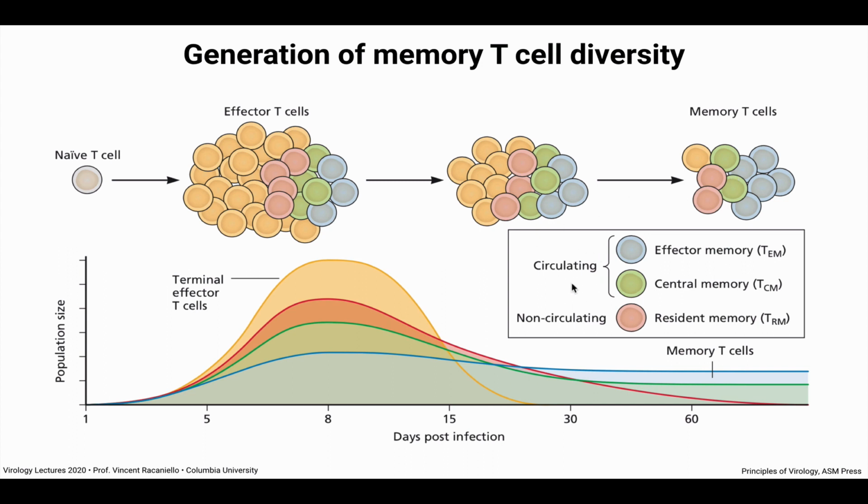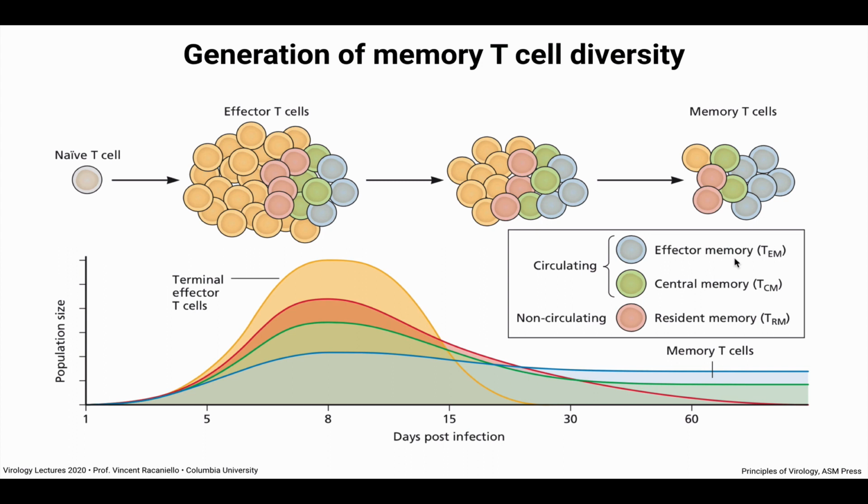They're different kinds. As you can see here, there are circulating memory T cells, effector memory T cells, and central memory T cells. And then we have non-circulating resident memory T cells. These resident ones stay in specific tissues. We have lung resident memory cells and so forth that are specific for the tissue. And these are ones that are circulating. They have different markers that allow them to be put into different classes.